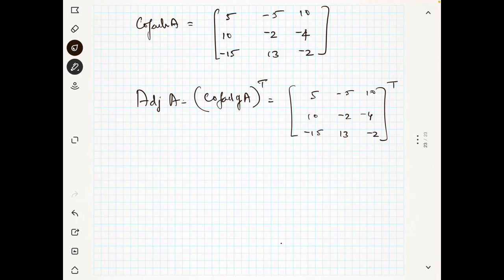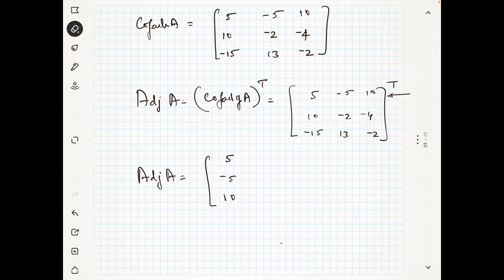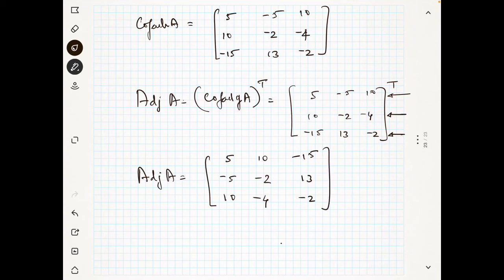So it will be the adjoint of A. I will take the first row and change it into a column: 5, 10, minus 15. Then I take the second row and write it as the second column: minus 5, minus 2, 13. Then the third row as the third column: 10, minus 4, minus 2. Okay, so this is the adjoint of A.